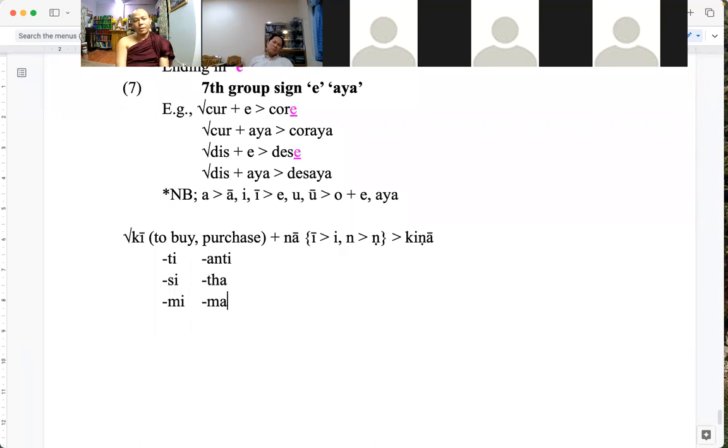So the third person singular is ti. By adding ti to the kina, we have kinati. So kina means just to buy or to purchase, but by adding ti, kinati means he or she buys, he or she purchases.